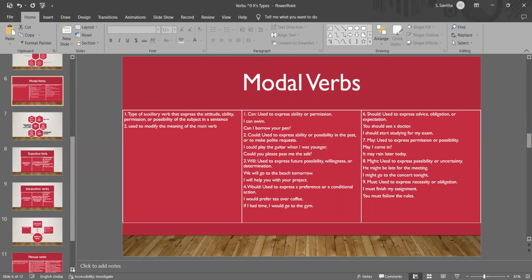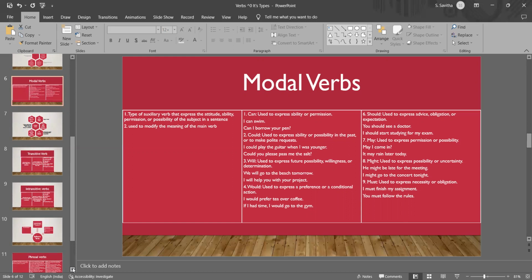So I have given here some examples of modal auxiliaries. Can is always used to express ability and permission. Could is used to express ability or possibility in the past or to make a polite request. A couple of examples are also given under each auxiliary verb.